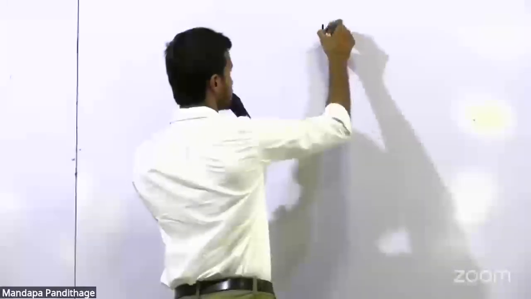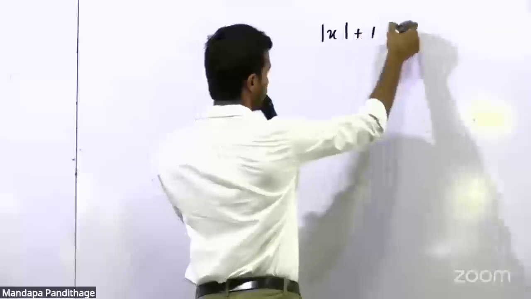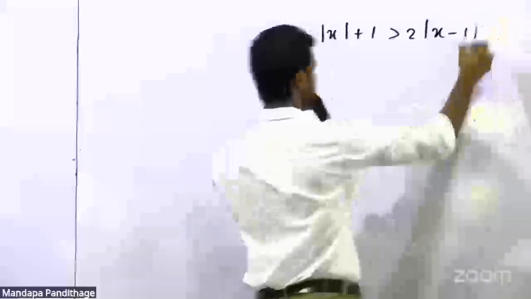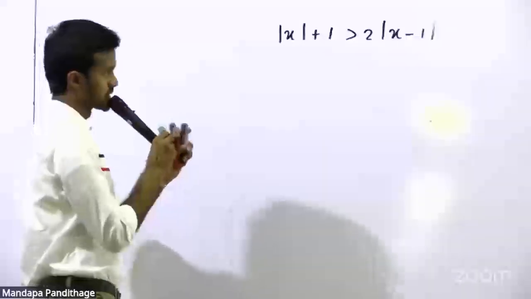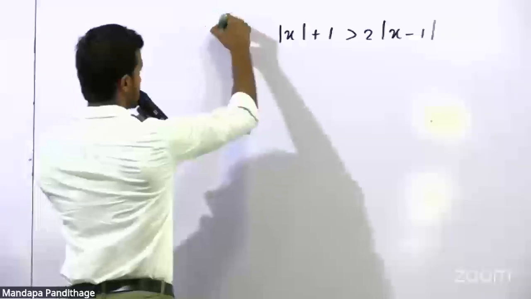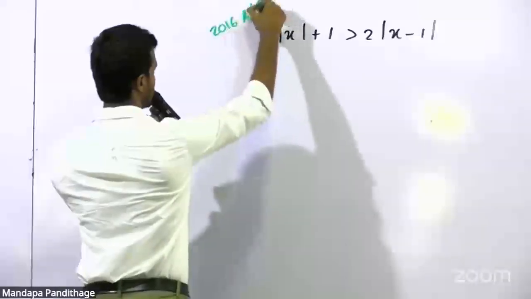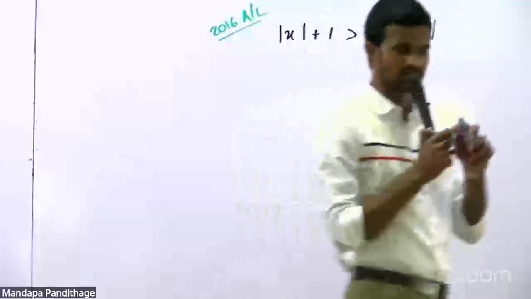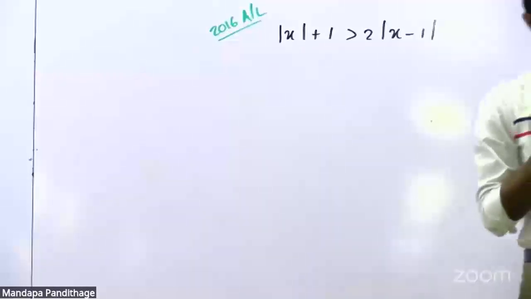They were expecting us to solve the modulus inequality: modulus of x plus 1 is greater than 2 times modulus of x minus 1. I'm taking this one because I need an exact answer. So this was the 2016 A-level question. What did we get as the answer here in 2016?